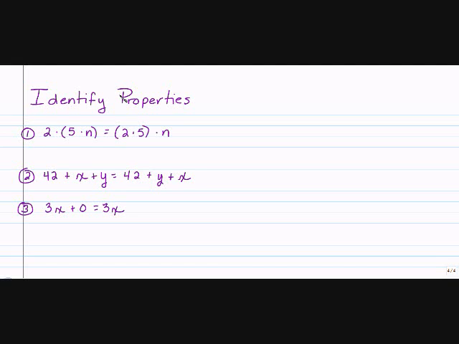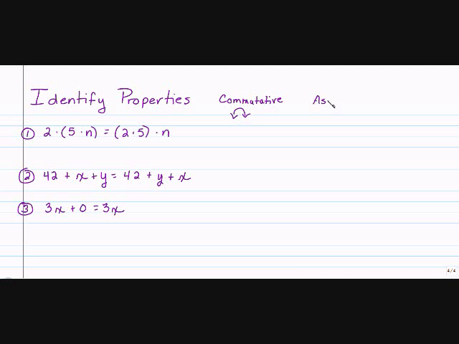Let's take a look at how to identify properties. When we're identifying properties, we have to remember: if it is commutative, something's going to be switched.